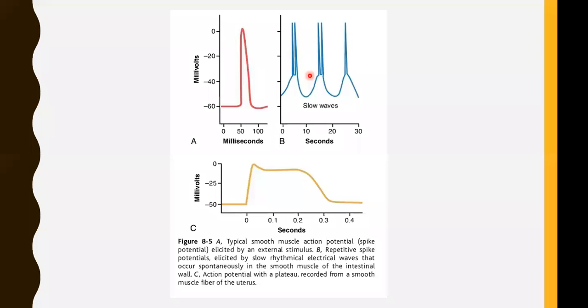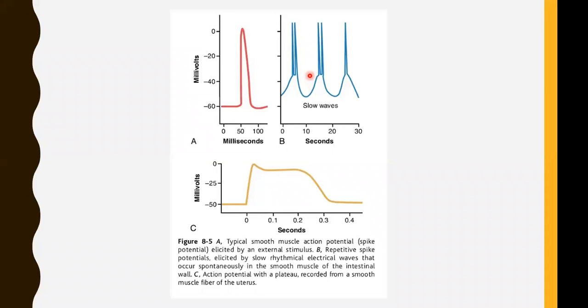This slow wave rhythm is just a local property of the muscle, and the depolarization is unable to pass along the membrane. When the slow wave rhythm crosses that limit, called the threshold for excitation, then an action potential is generated.